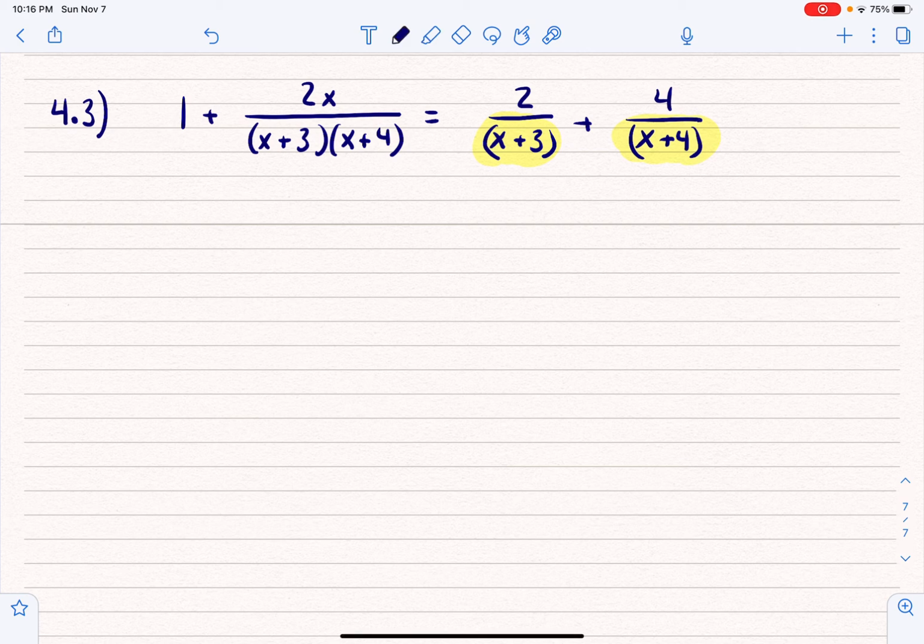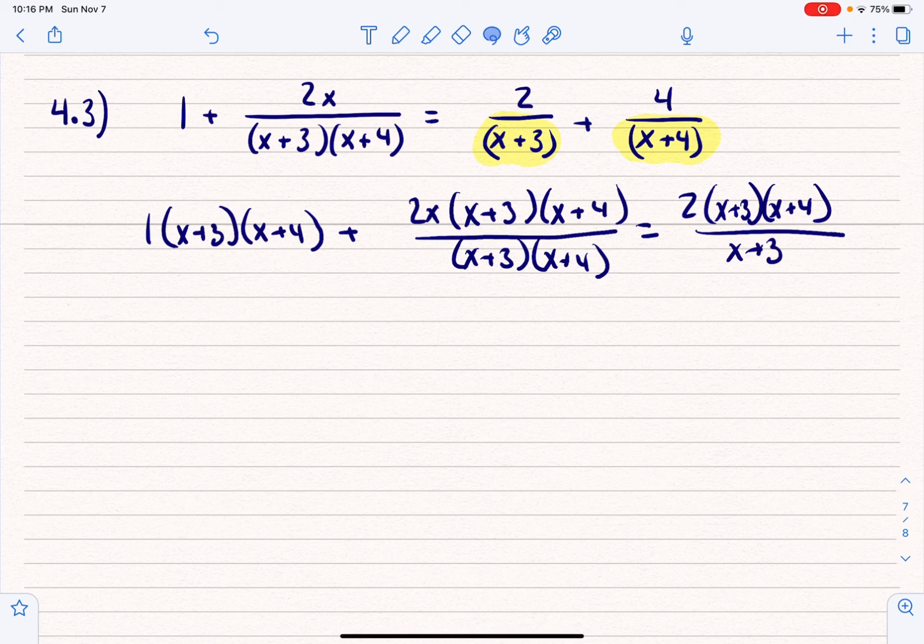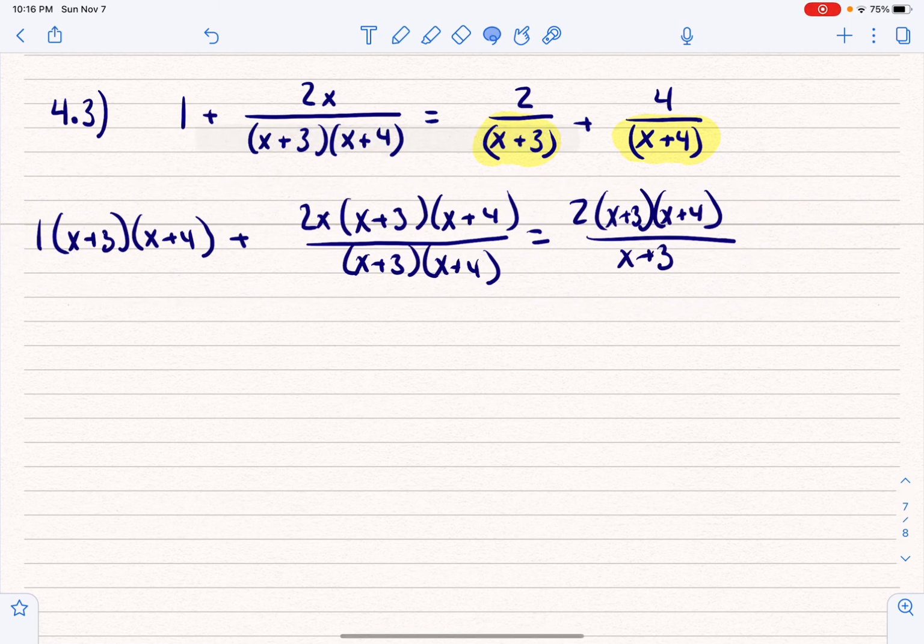So this first one is going to be 1 times x plus 3 times x plus 4 plus 2x times x plus 3 times x plus 4 all over x plus 3 times x plus 4 equals 2 times x plus 3 times x plus 4 all over x plus 3, and I need to scoot everything down, plus 4 times x plus 3 times x plus 4 all over x plus 4.